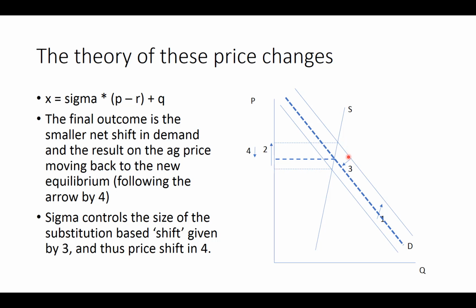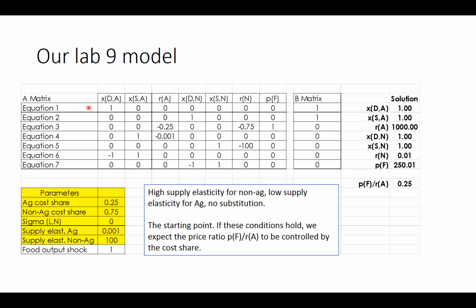The role of sigma is to tell us how far this shift can go. If the full expansion shift is 1, then this substitution shift 3 is completely dependent on how big that substitution elasticity is. That's why we care about measuring the substitutability between these things.